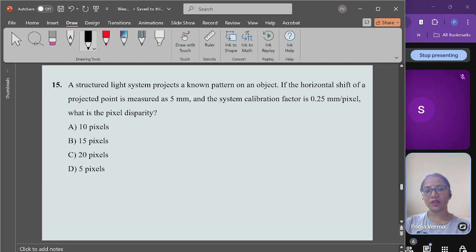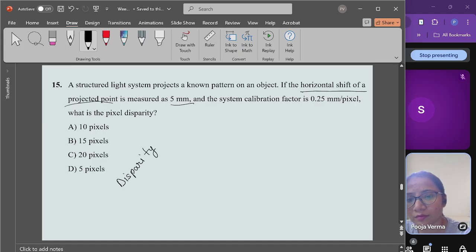Here, given the horizontal shift of a projected point is 5 mm and the calibration factor is 0.25. So the disparity, in pixels, is calculated by this formula.